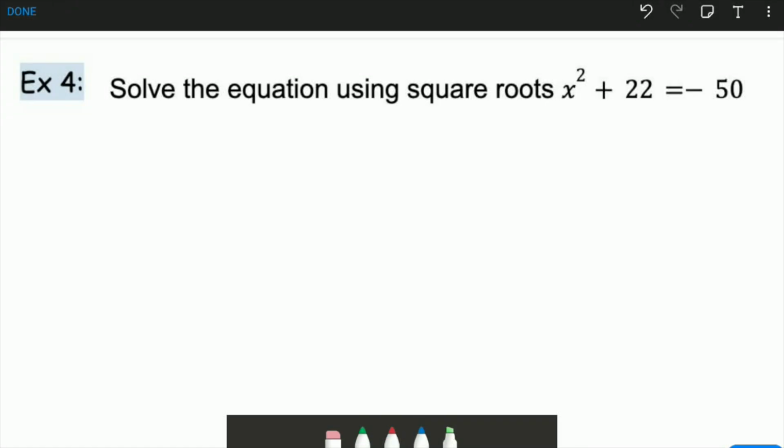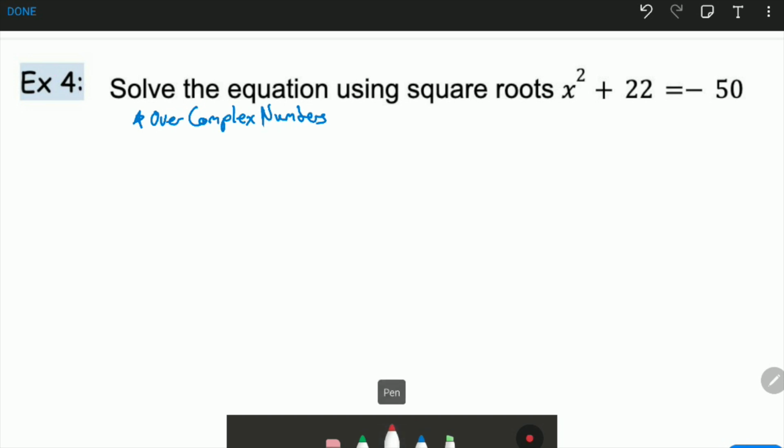Okay, in this example, we're going to solve the equation using square roots. We have x squared plus 22 equals -50. Remember, at this point, we are solving over complex numbers, as the point of this lesson is to introduce ourselves to imaginary solutions.